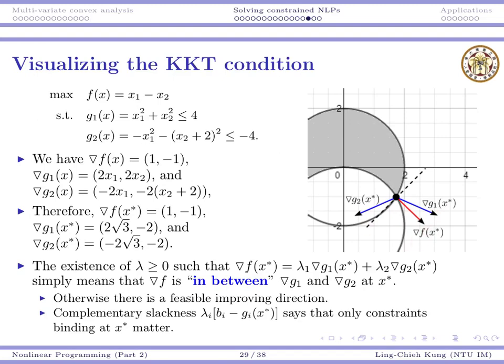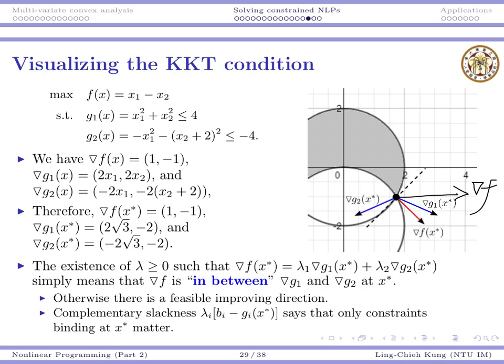So if gradient f is in this direction, suppose, then you cannot find two non-negative lambda to combine g1 and g2 into the gradient f. That's what's happening to this equality. I am asking gradient f to be within gradient g1 and gradient g2.